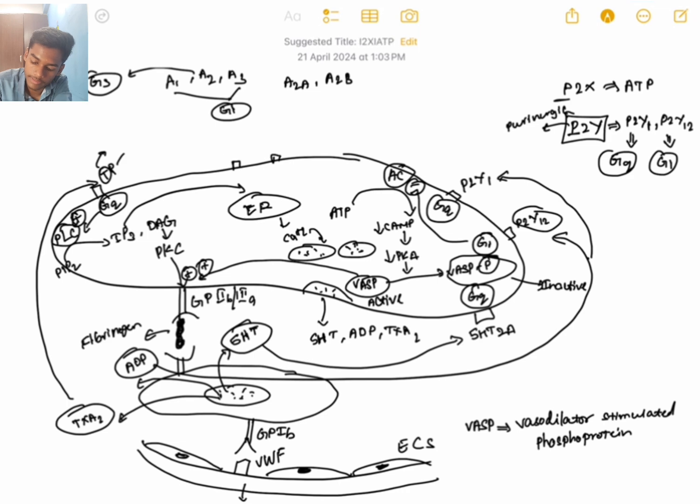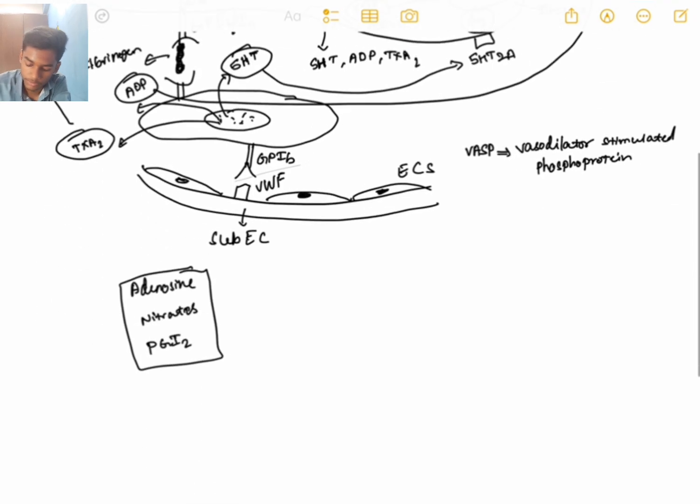There is expression of A2A and A2B receptors on platelets on which adenosine acts. Both are GS. So what will they do? They will activate adenyl cyclase. There will be more cyclic AMP, more protein kinase A. VASP will be phosphorylated. So there will be inhibition of platelet aggregation. So adenosine will cause inhibition of platelet aggregation.